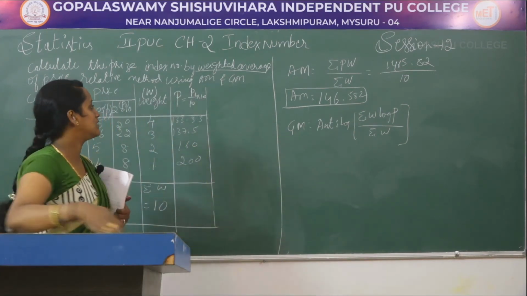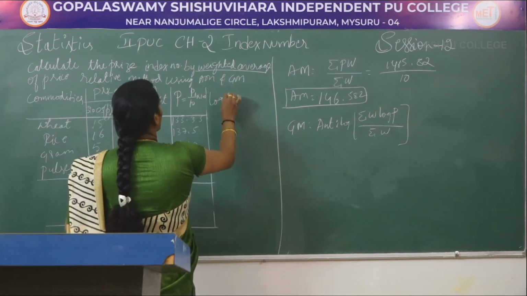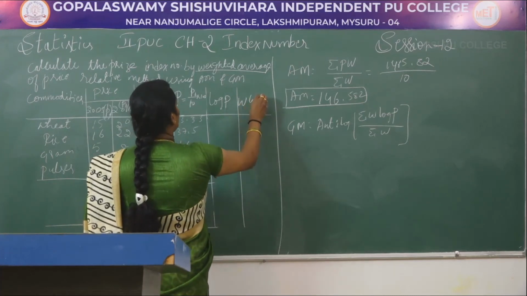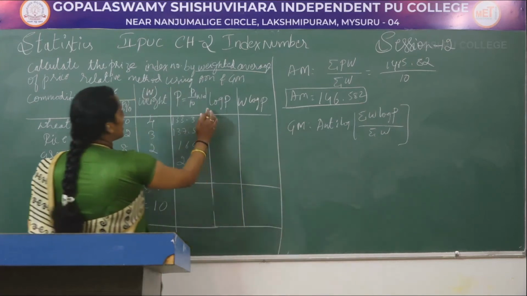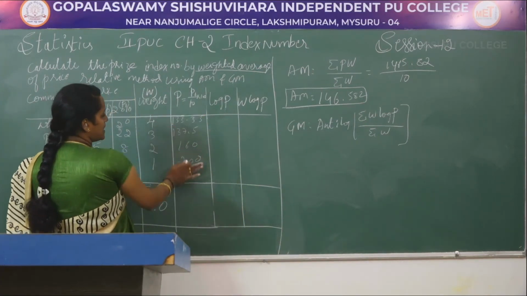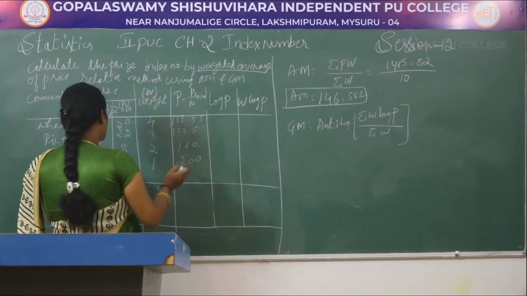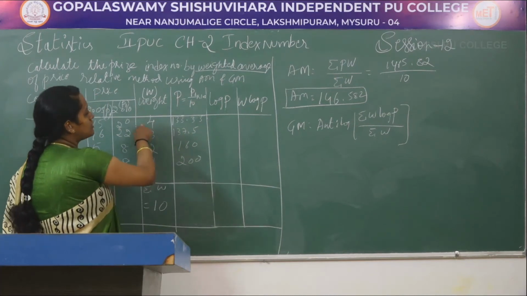So next I'll go for log P, log capital P, and the next column is W into log P. These two columns I should calculate. For log P, for the price relative P values, I have to find the log values and then multiply each log value with the weightage W.